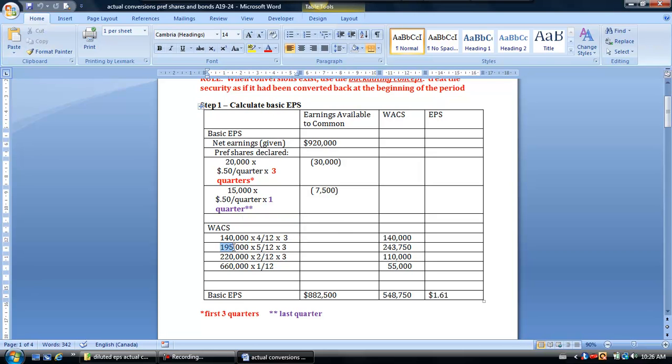So I had these 195,000 shares outstanding from May, June, July, August, and September. That's 5 months. And since the share split happened on December 1st, these also get the benefit of the 3-for-1 split.